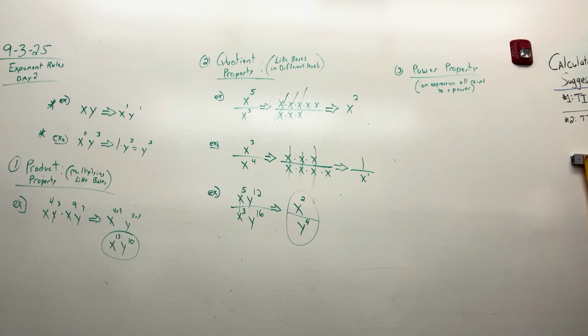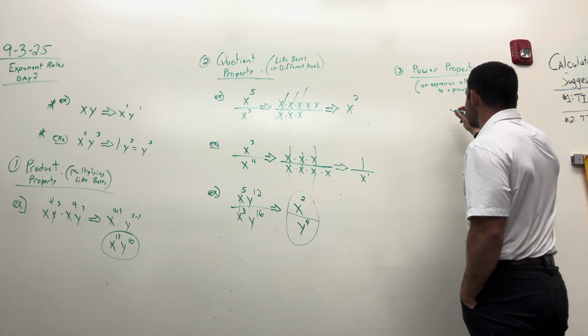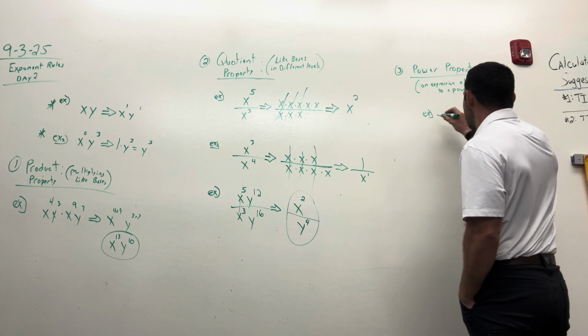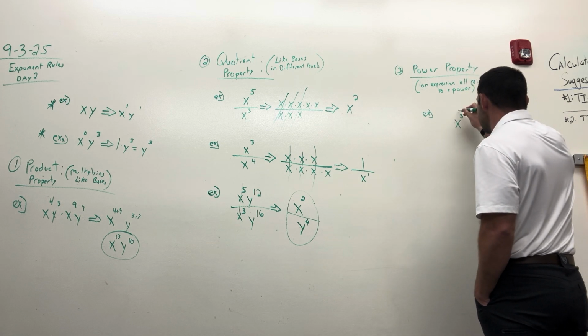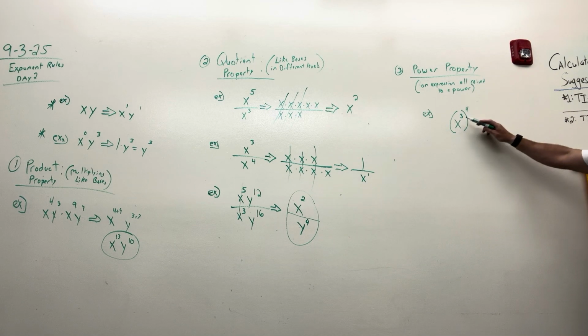Okay? This one's my least favorite. It's a little bit trickier. So let's go like this. I've got x to the third raised to the fourth. So this is a power to a power.